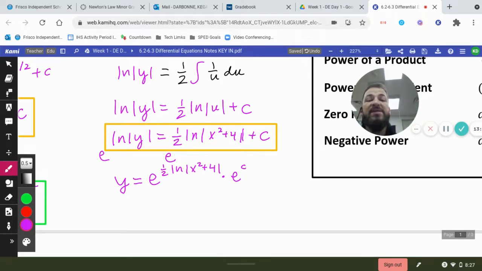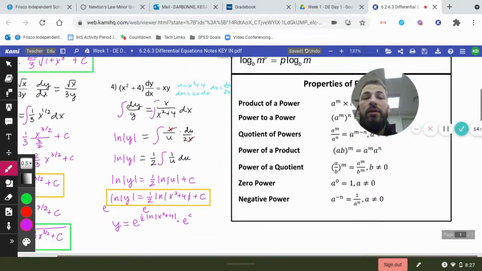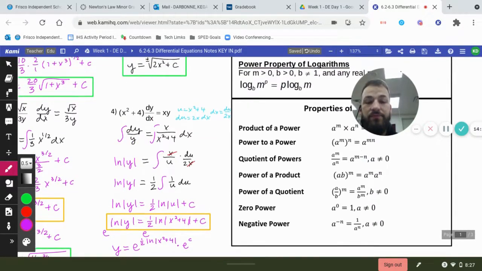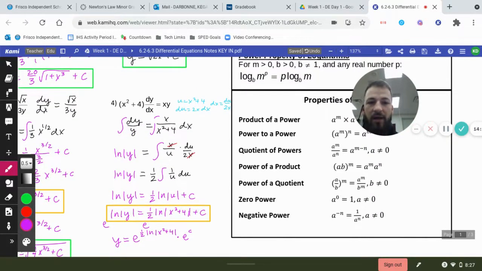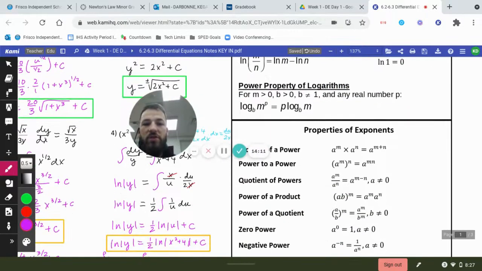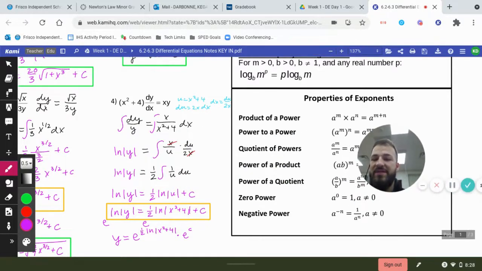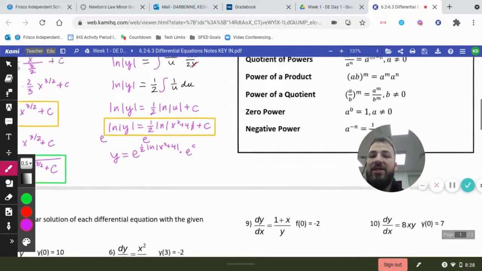Because one of my exponent properties, which I conveniently attached over here, is that if I have two exponents being added in the same power, the product of a power, I can separate into two of the same base of those separate pieces that are being added. So that's how I can split this up.